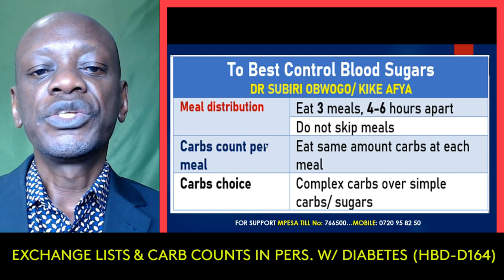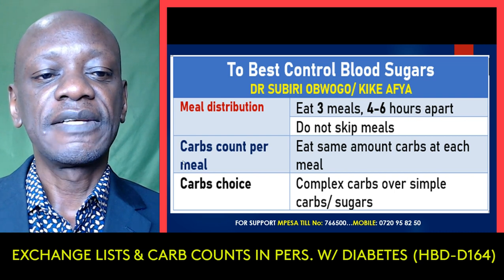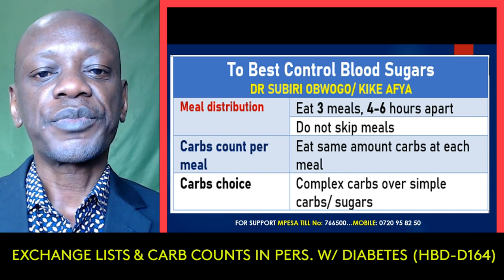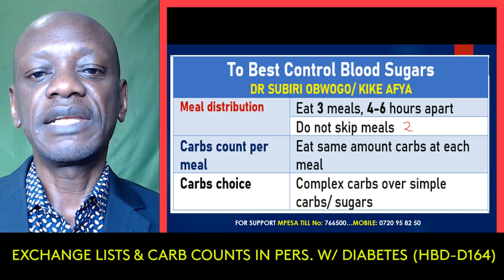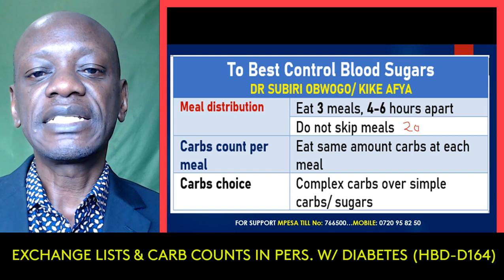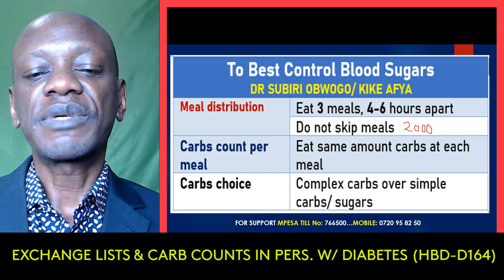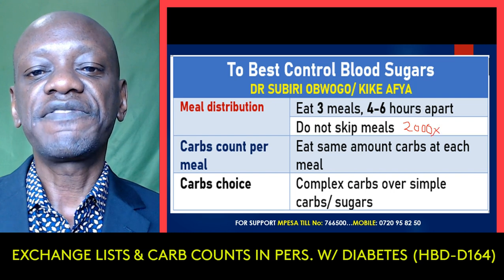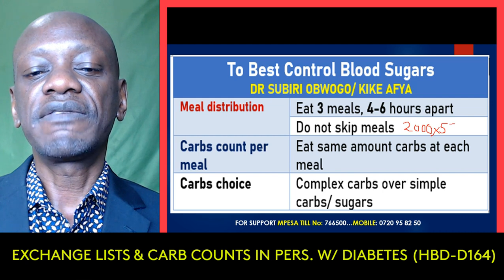So now let's assume you are on a 2000 calorie diet, and I want to know how many carbs, protein, and fat you should consume. As a general rule, the majority of your calories should come from carbohydrates. That's 55%. 25% should come from fat, and 20% should come from protein.